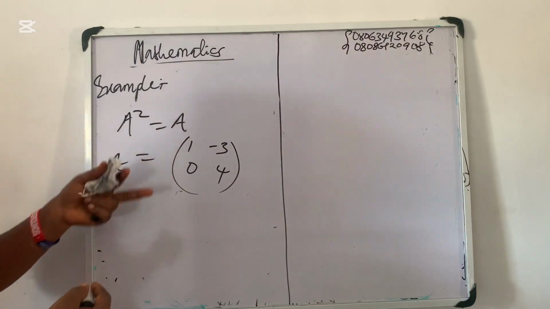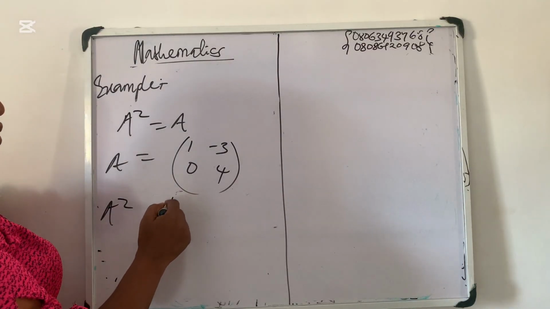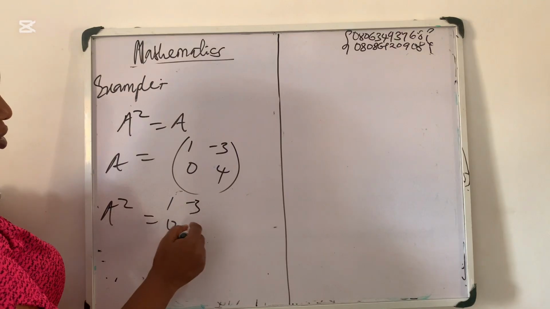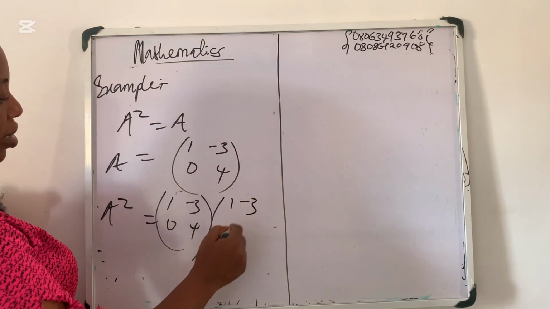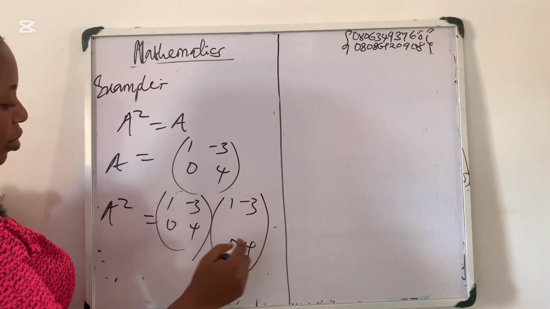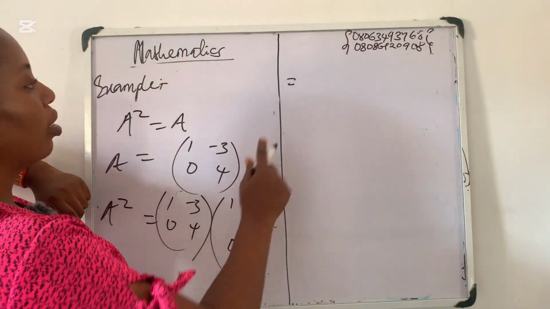It's simply duplicating this. A squared equal to 1, minus 3, 0 and 4 times 1, minus 3, 0 and 4.